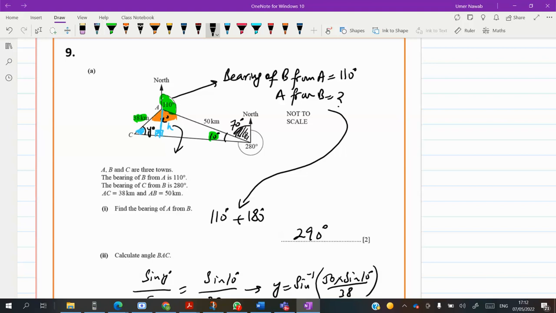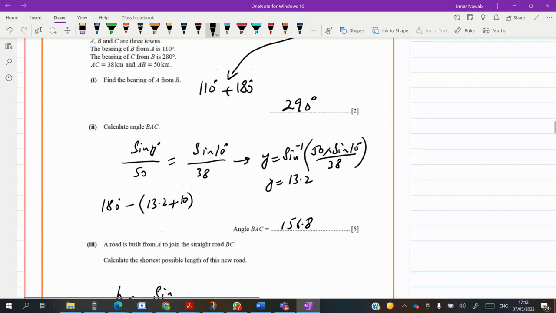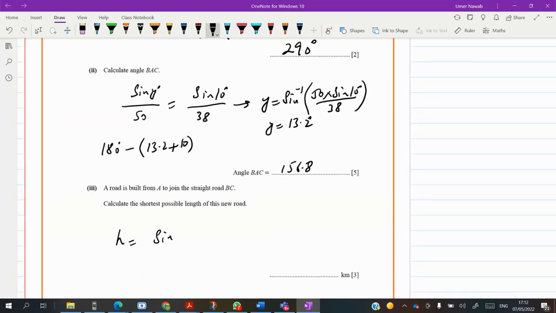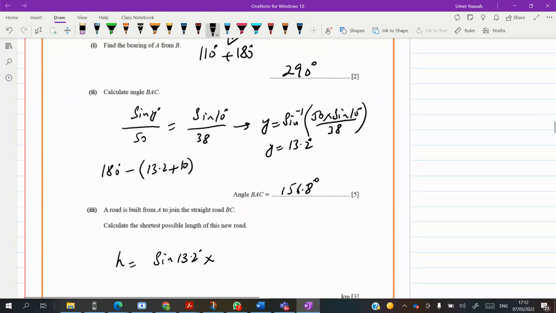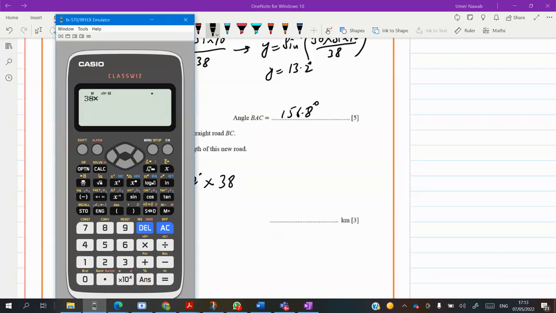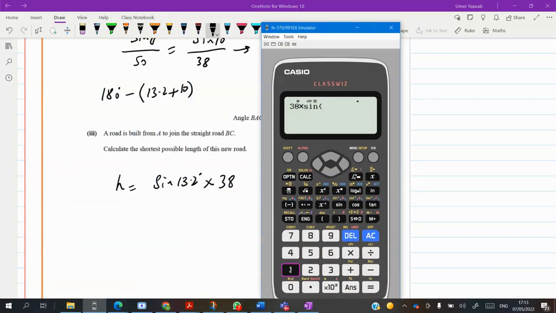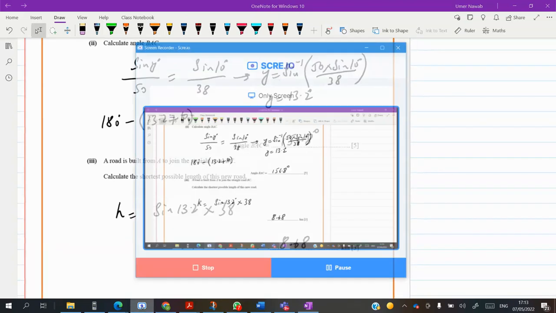So the shortest distance is the height: sine of the angle I found as Y, which was 13.2 degrees, times the hypotenuse, which is 38. So 38 times sine of 13.2 gives me 8.68 kilometers. Thank you guys. So this sheet on trigonometry is finished.